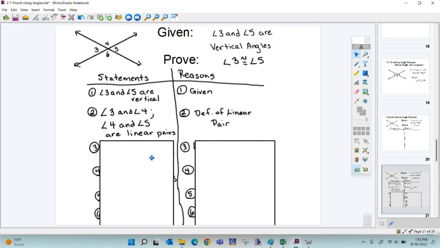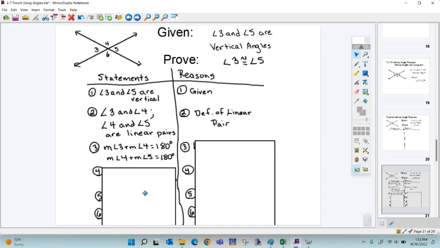What we know about linear pairs is that when you add the two angles together, we get, hopefully you all thought, 180. Add up the two angles of a linear pair, and you get 180. That was our linear pair theorem.